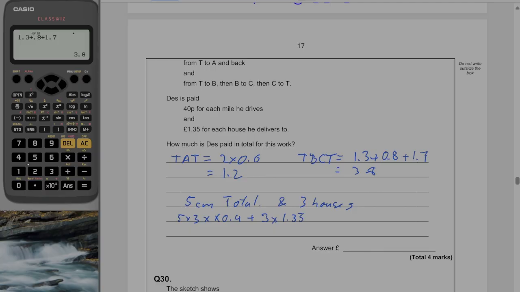So 5 times by 3 times by 0.4 plus 3 times by 1.35. So that should be his total, £10 and 5 pence.